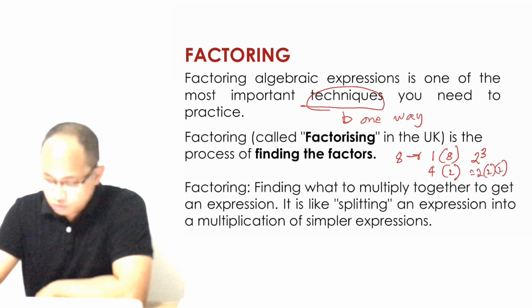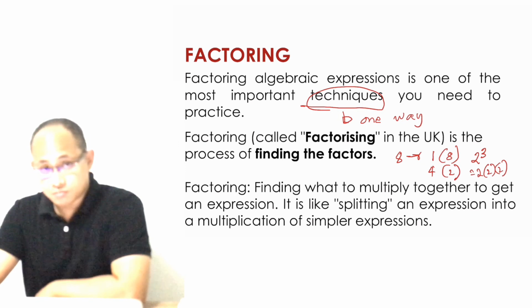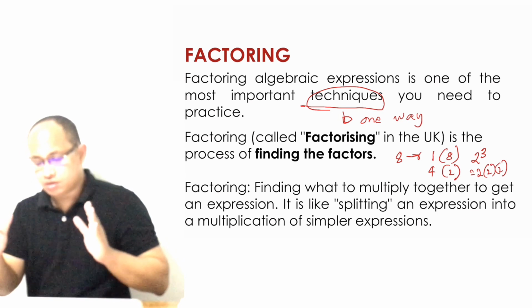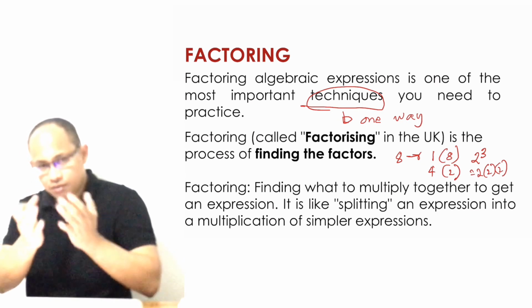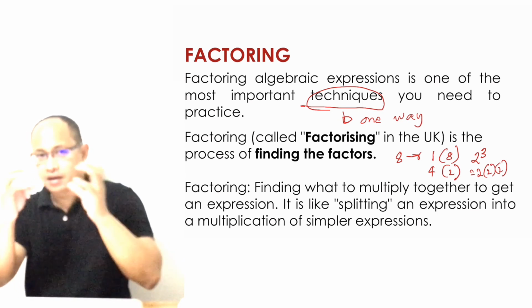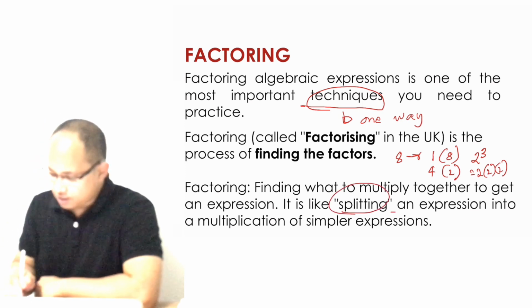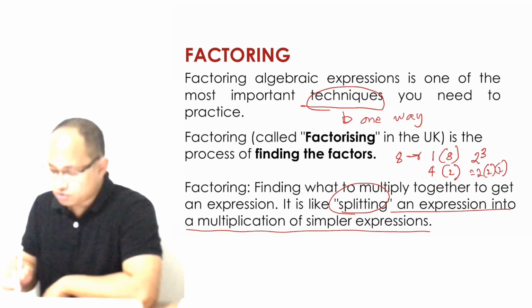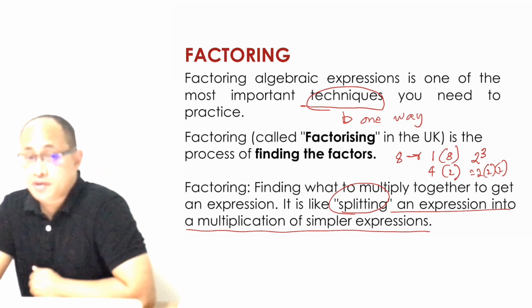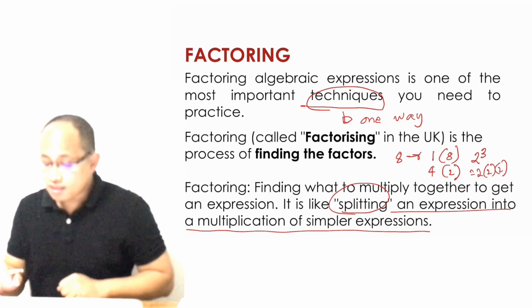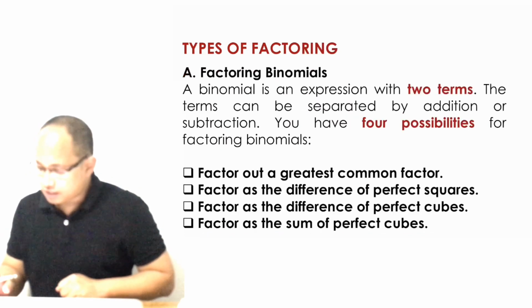Factoring is finding what to multiply together to get the expression. You have one whole, and you break it apart so that when you combine the parts, you have the entire figure. It is like splitting an expression, a multiplication, into simpler expressions. Break it apart. That's what we call factoring.